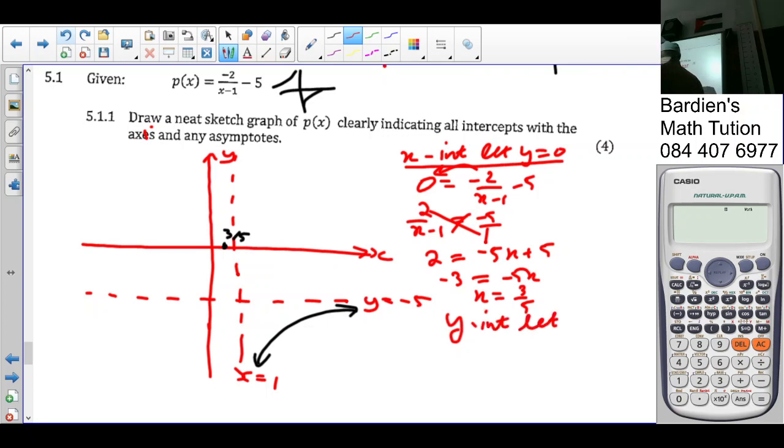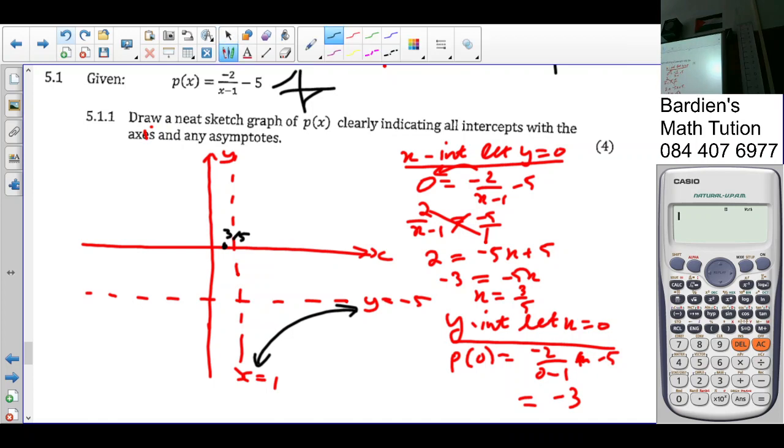We let x equal to 0. So we say P of 0 equals negative 2 over 0 minus 1, minus 5, which is minus 3. You all okay with that? The graph is going to come close, but does not touch the asymptote. There we go. Any confusion? No?